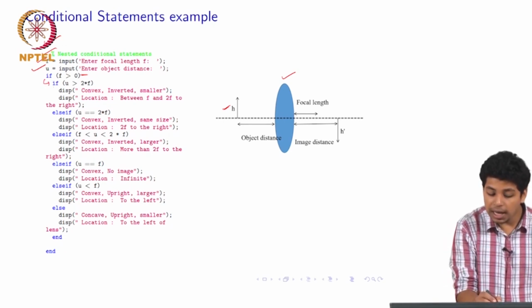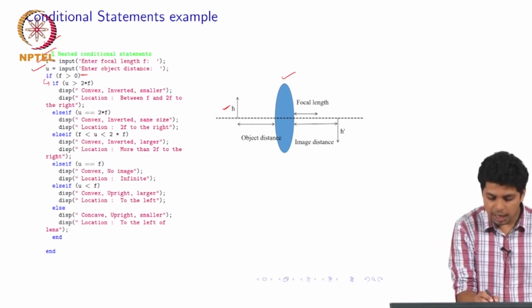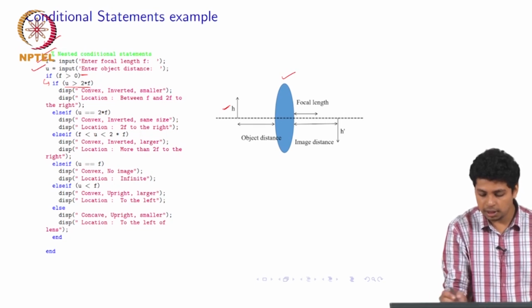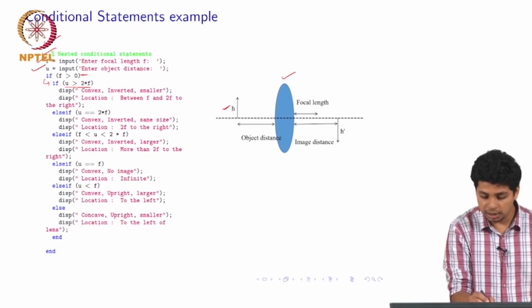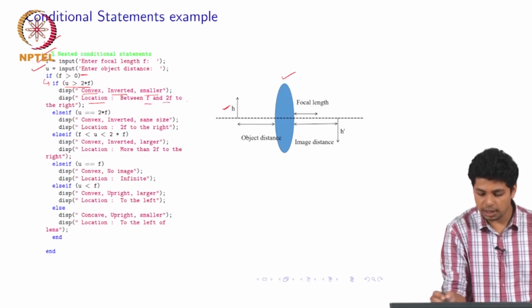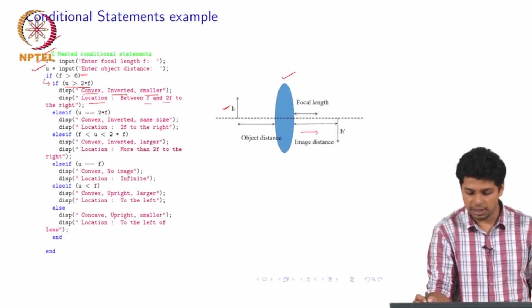So now again we put another if and we ask for the first condition, if u is greater than 2f, then we know that there is a certain place where the image will be formed. So if u is greater than 2f, the lens type is convex, the image will be inverted and smaller, and the location of the image will be between f and 2f to the right side, on this side of the lens.